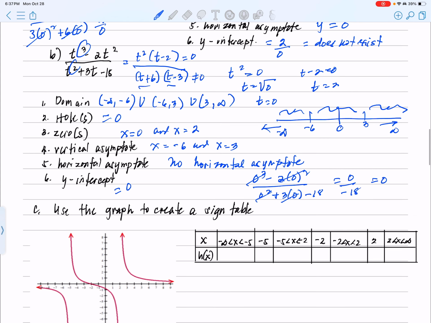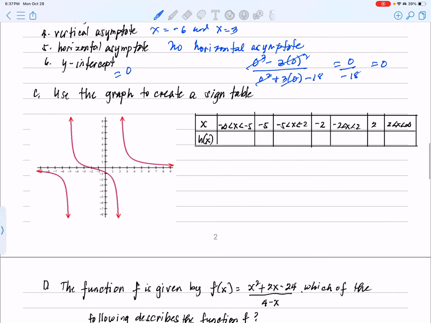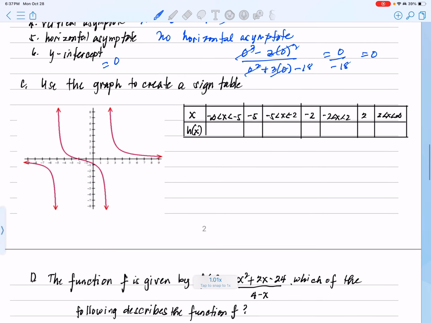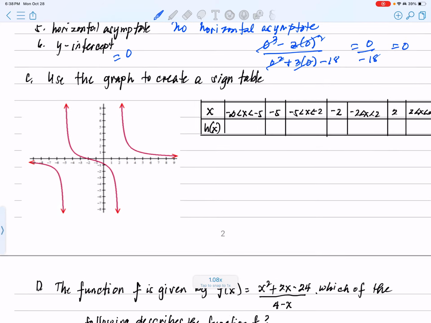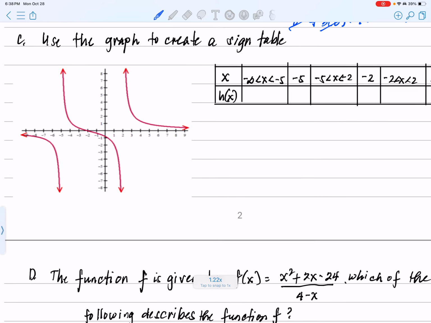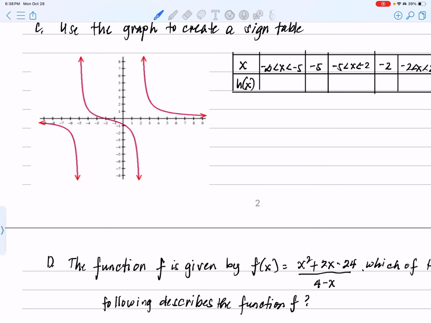If you are asked a question like this, use the graph created with a sign table. We did a lot of intervals using signs. I will extend the graph so that we can find what happens between the intervals.